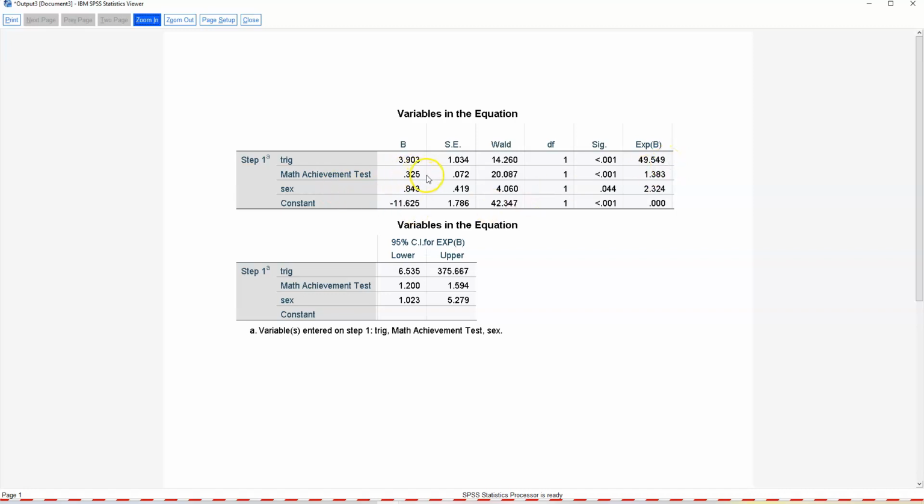Then for the math achievement it is 1.3. And for gender, you have 2.3. I'm sorry, 1.4, more or less 1.4 here. Okay, so we're going to look at how to write this information up.